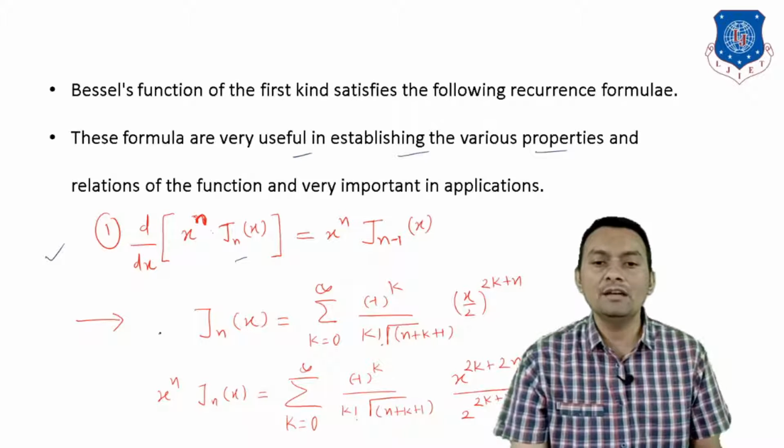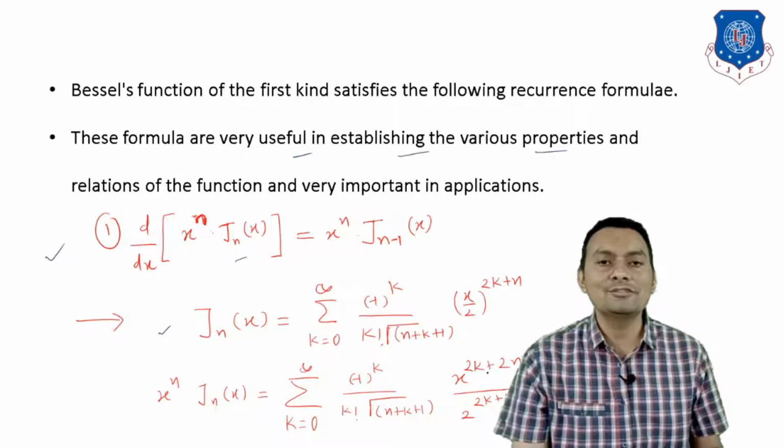So this is the formula for Jn(x). Now we multiply by x^n on both sides. In that case you can realize that it will be x^(2k+2n) divided by 2^(2k+n), that will be the same.